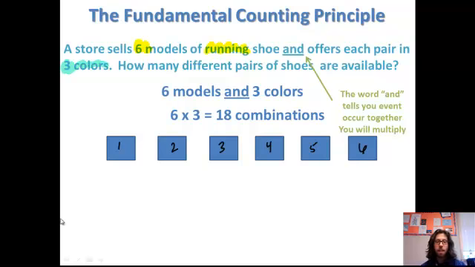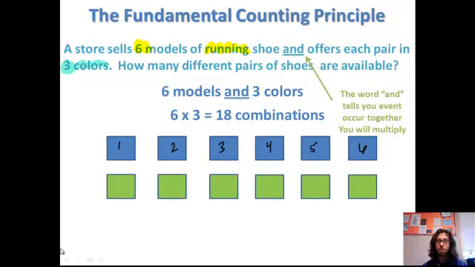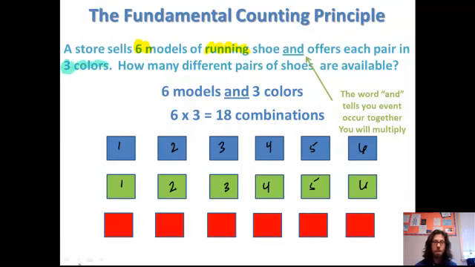And if we continued on, we could have all 6 of those models in green as well, model 1, 2, 3, 4, 5, and model 6. And then we could do that for one more color, for example, red, like my shoes. 1, 2, 3, 4, 5, 6.